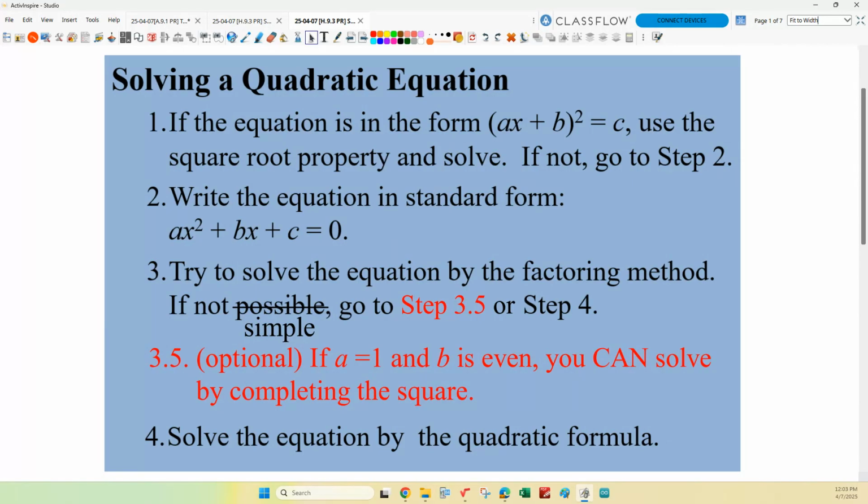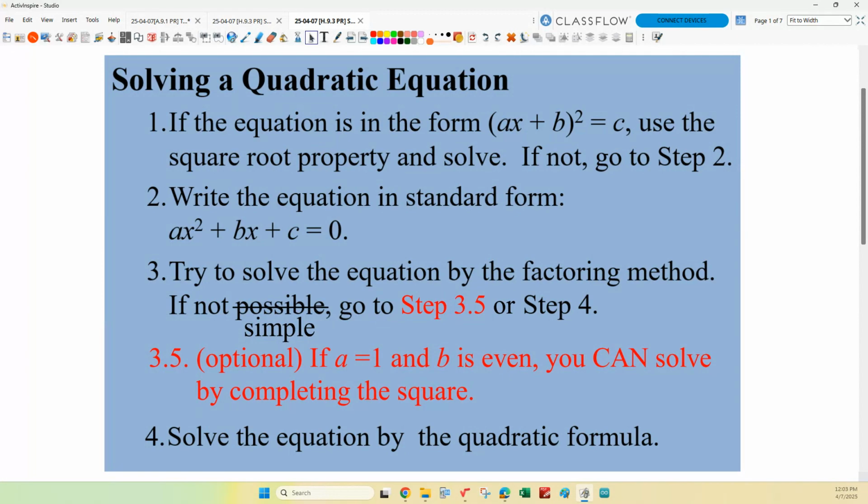I'm going to use inverse operations and the square root property to isolate the variable. That's the quickest and easiest way to do it. The alternatives are all much more cumbersome and time consuming, and you're more likely to make mistakes. So there's step one. If we can point to a single x, always take advantage of our ability to just isolate the variable.